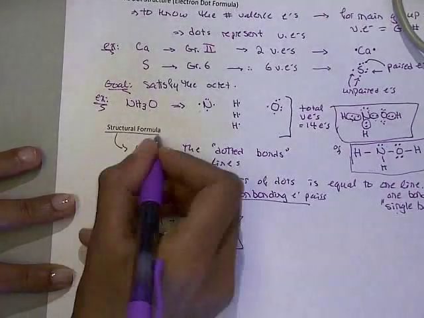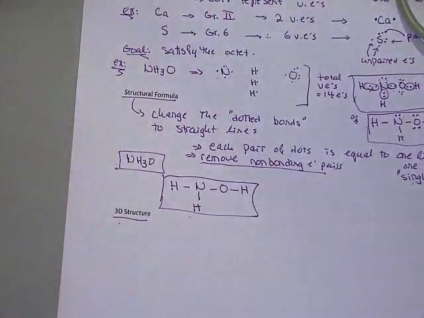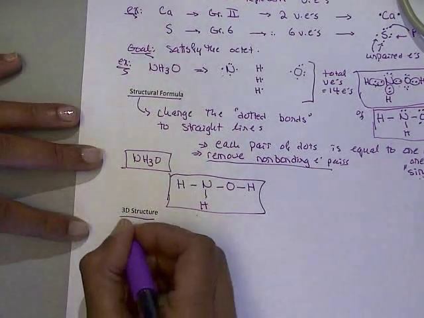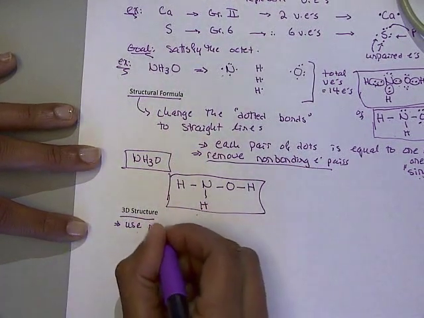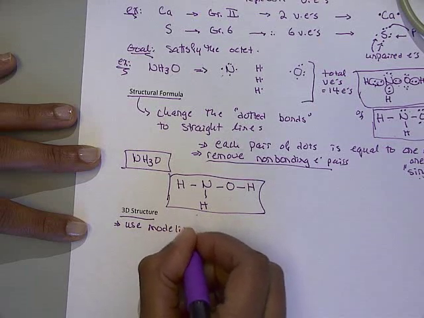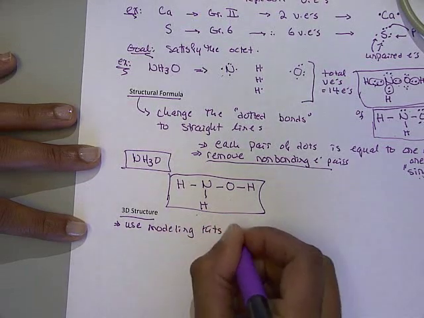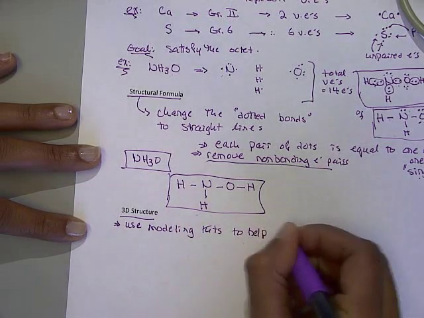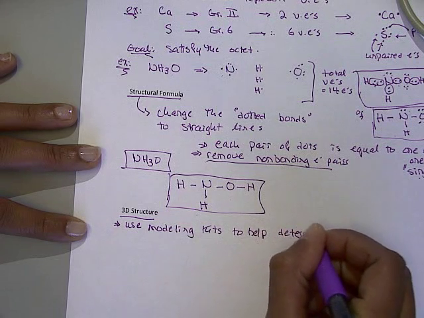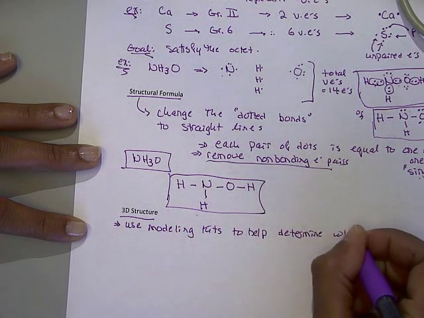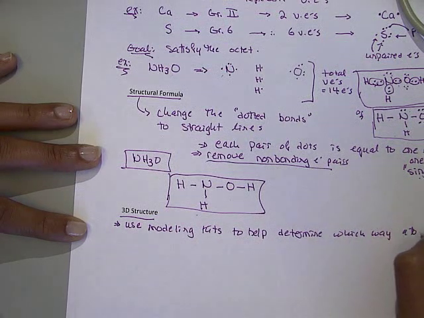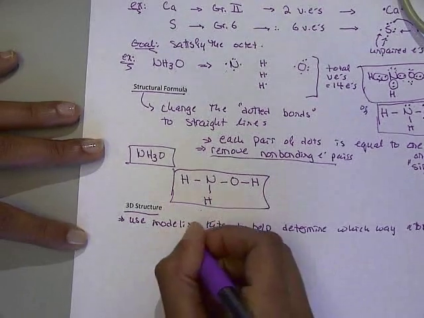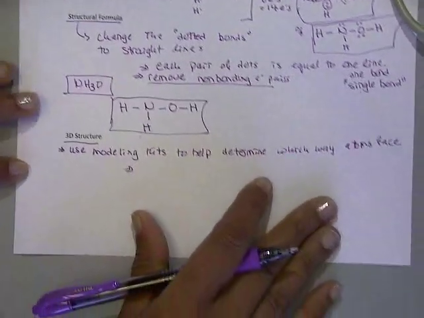Lastly, in part A, you want to draw a 3D structure. For your 3D structure, I strongly advise you to use your modeling kits to help determine which way atoms face. So let me just go through this here.